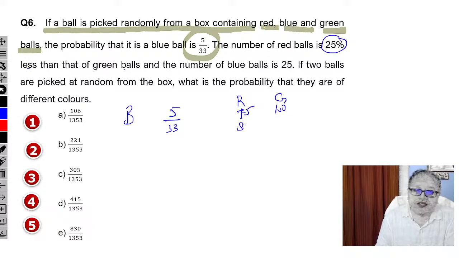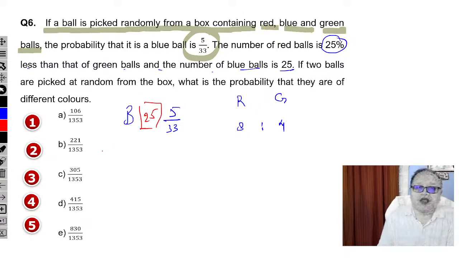That means the numbers are in the ratio 3:4. And the number of blue balls is 25. Okay, that's good. So I can consider red and green as 3x and 4x.